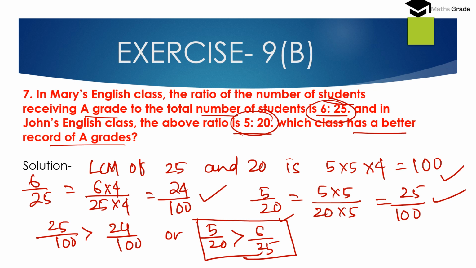So which class has a better record of A grades? That is 5 divided by 20, that is 5 is to 20. That is John's class. John's English class has a better record of A grades.